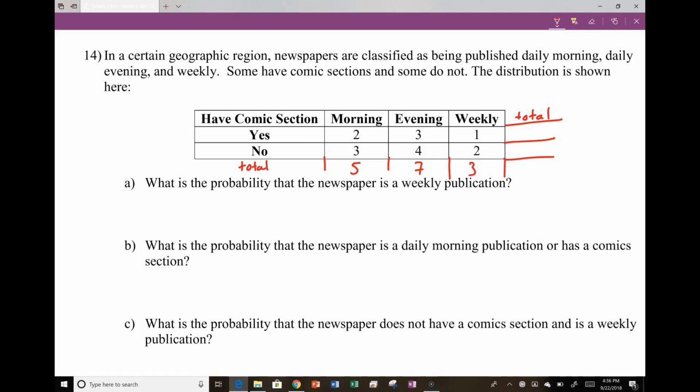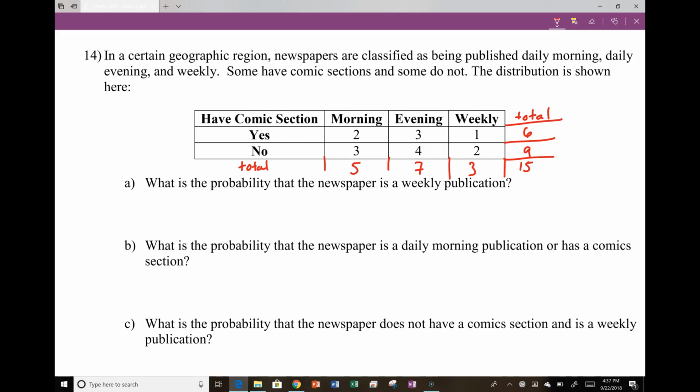There are 3 weekly newspapers. There are 6, because 2, 3, 1 gives me 6 newspapers that have comics. And there are 9 newspapers that do not have comics. If I add all of these values up in the original table, that gives me 15 total newspapers that I'm looking at.